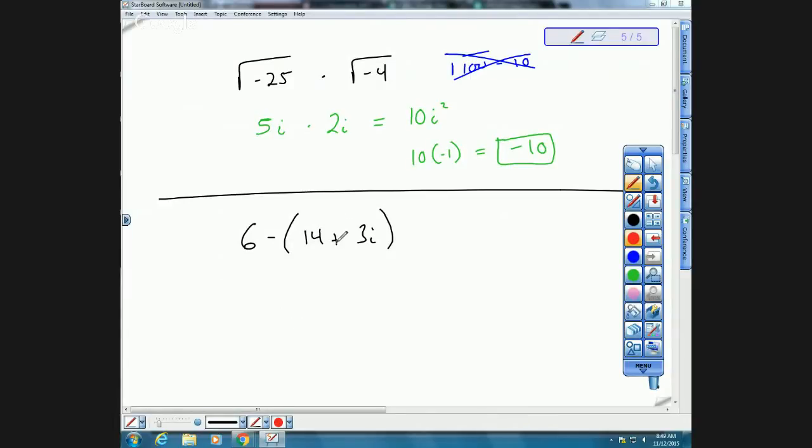So go ahead and change the sign: 6 minus 14 minus 3i. It'd be like distributing a negative. So 6 minus 14 is negative 8, and then minus 3i. I would say the most common answer to that one is negative 8 plus 3i. Students forget to take that negative through.